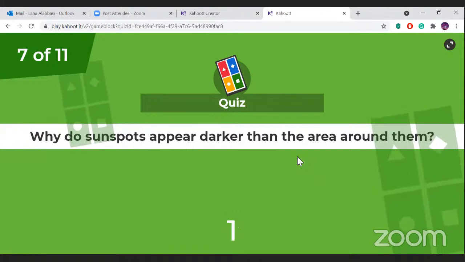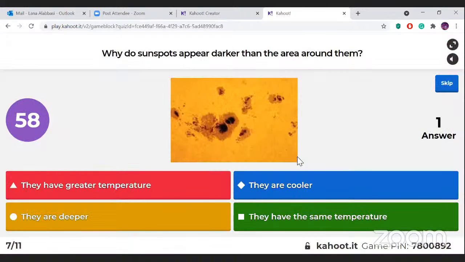The next question. Why do sunspots appear darker than the area around them? Is it because they have greater temperature, they are cooler, they are deeper, or they have the same temperature? If you can remember this, we said that the difference between them and the area around them is around 2000 degrees Celsius.